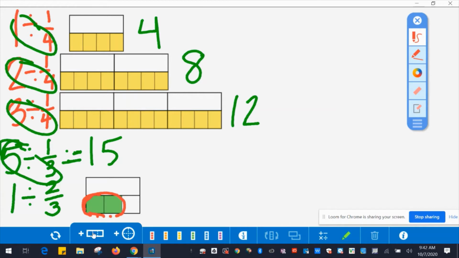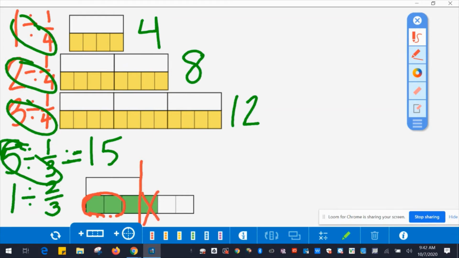If I were to extend this and put another grouping of thirds, we would have another 2/3 here. But I do not have but 1. This is all I have. I have 1 whole piece. So we would not include this part of 2/3.